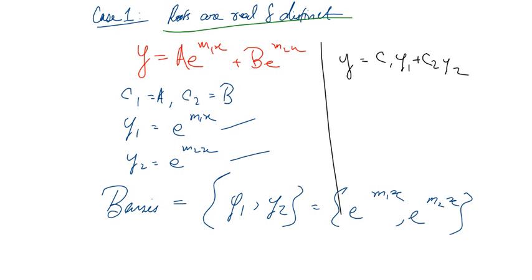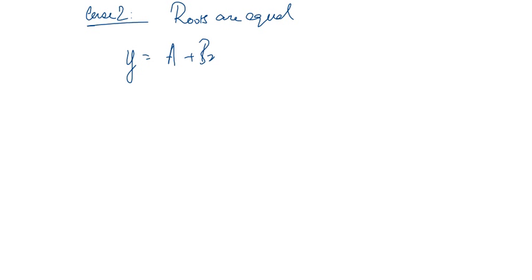For case number 2, wherein roots are equal, you have the general solution as y is equal to a plus bx, e to the alpha x, if of course m1 is equal to m2 is equal to alpha.